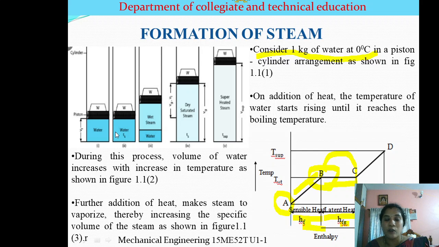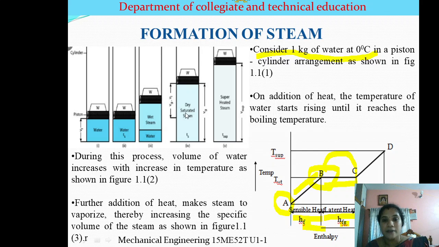During this process there will be an increase in volume and an increase in the temperature. And thirdly, there is a change of phase from B to C. This change of phase from B to C will be represented by two diagrams, one for the wet steam and another for the dry steam. Why two diagrams? Because here the temperature remains constant, but there is only a rise in the specific volume.